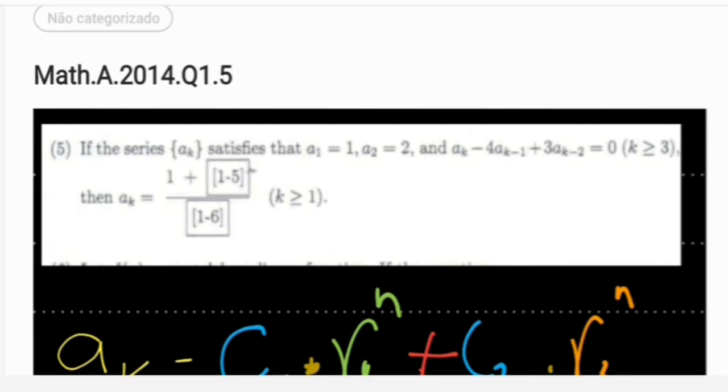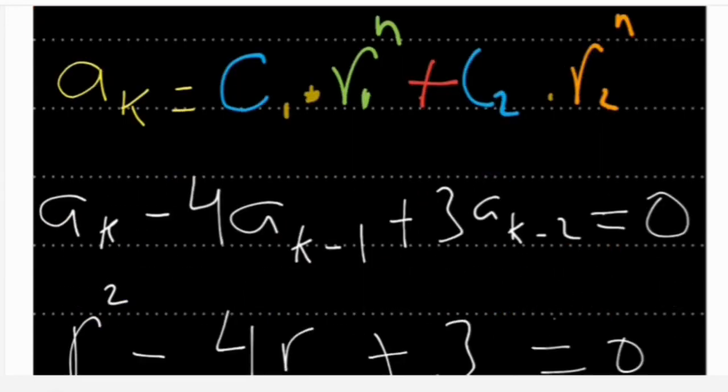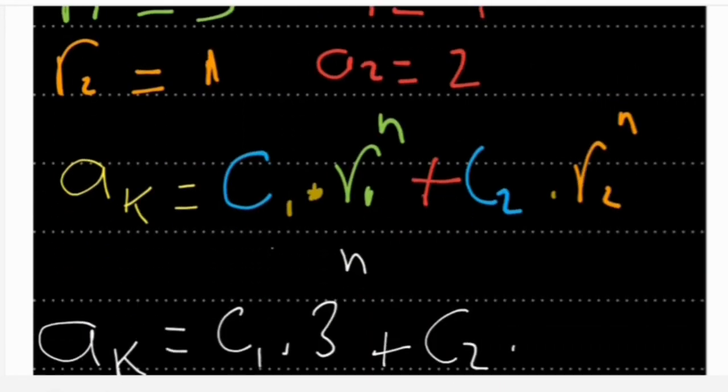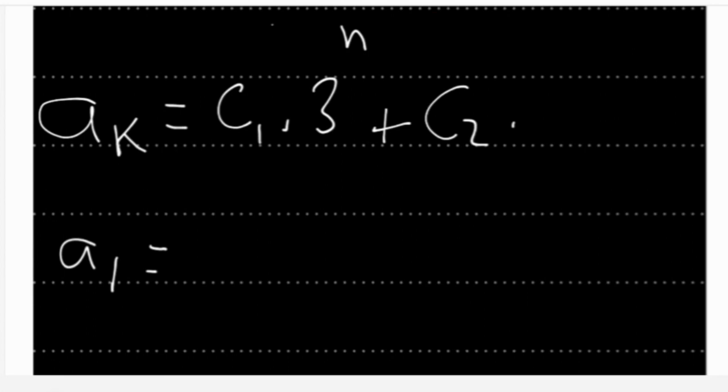Yeah, but he's telling us that K must be bigger or equal to 3. This is the problem when you don't understand, like in my case, I don't really understand what I'm doing. I just know the steps. So look, let's use it with A1 and then I will try to do it with other A's bigger than 1. So with A1, it is C1 multiplied by 3, n is 1, so 1, plus C2.